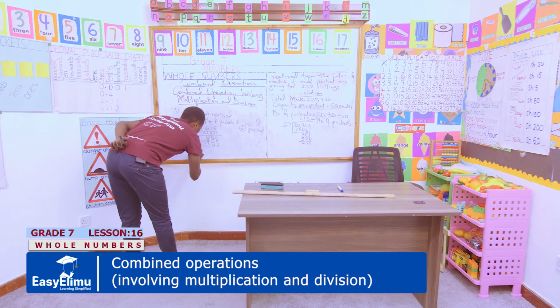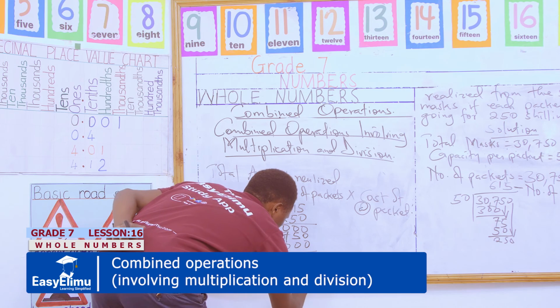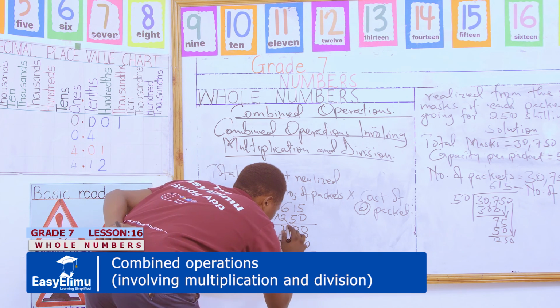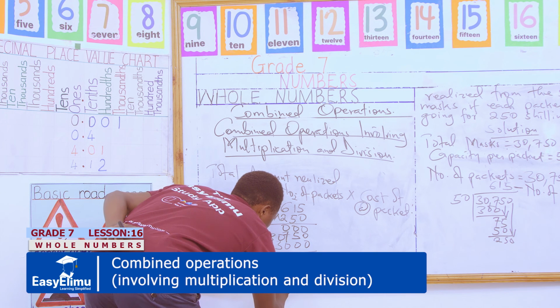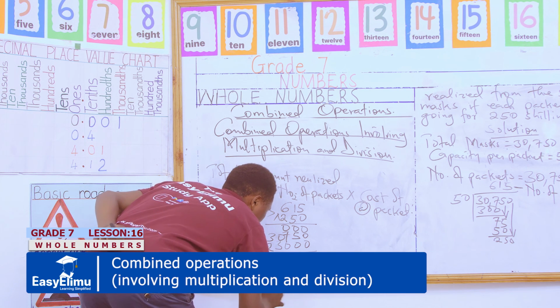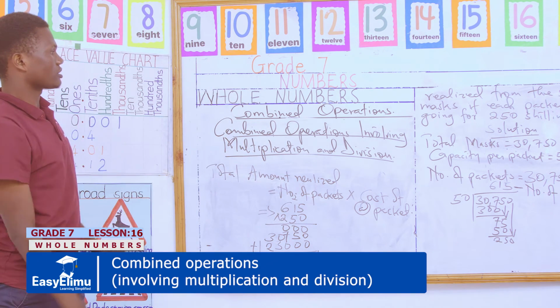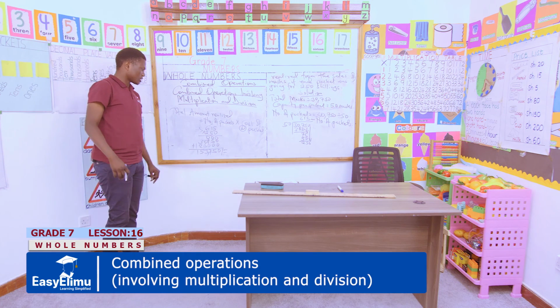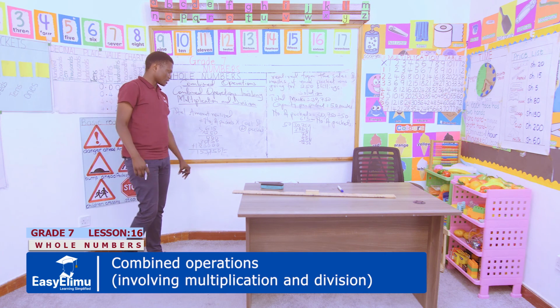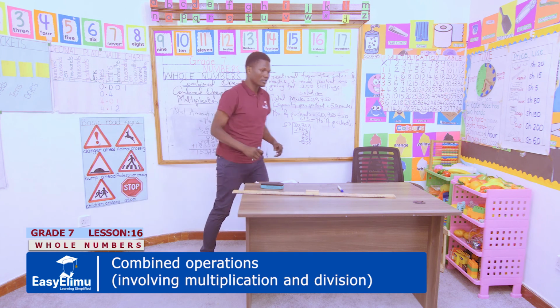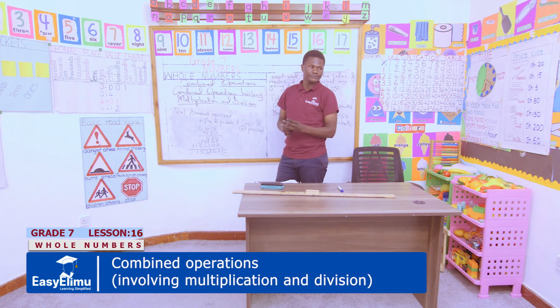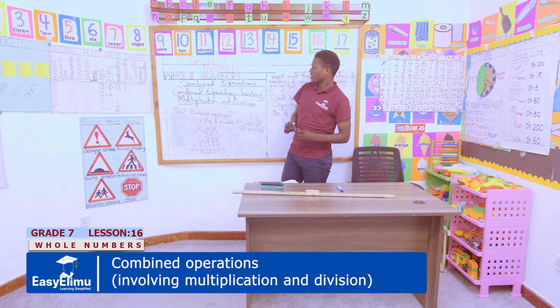So we fill here with zeros, then we add. So this is 0, 5, 7, 3, 5, 1. So the total amount of money they realized from the sale of the face masks is 153,750 shillings. Any question?